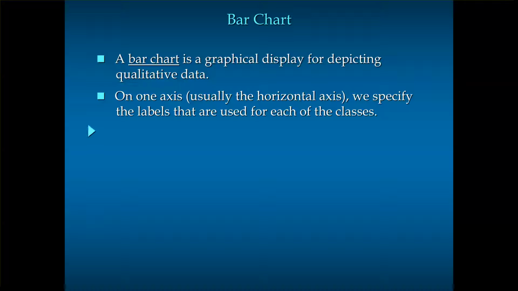On one axis, usually the horizontal axis, we specify the labels that are used for each of the classes. So think about the ranking of GPA in your Econ 220 class. Each country's name will be used to label the horizontal axis, such as U.S., Japan, China, Africa, and so on.